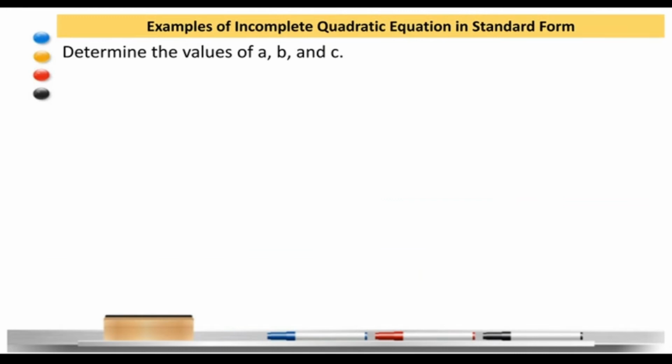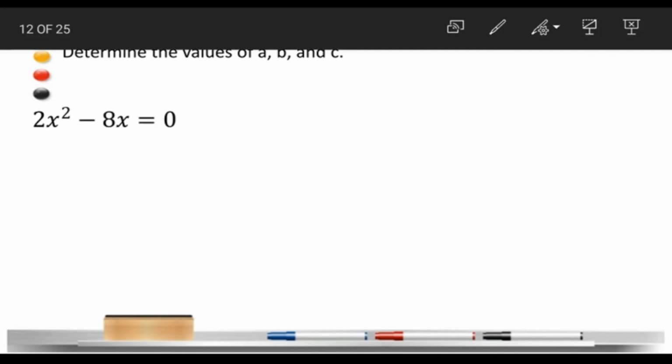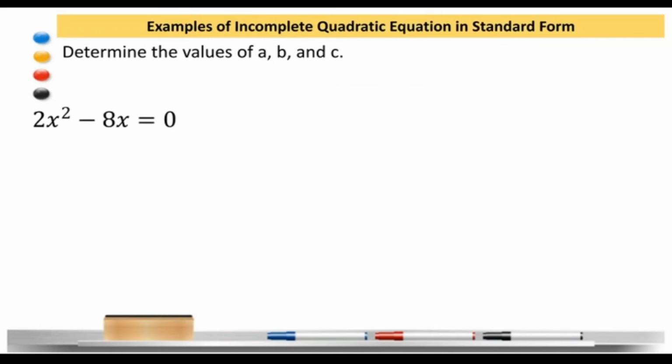I have here examples of incomplete quadratic equation in standard form. We're going to determine the values of a, b, and c. Example number 1. The given is 2x squared minus 8x is equal to 0. This is in the form of ax squared plus bx is equal to 0.